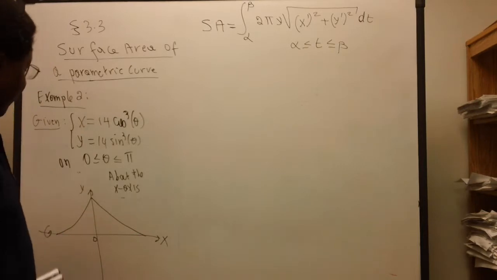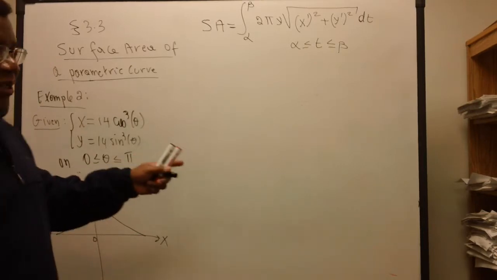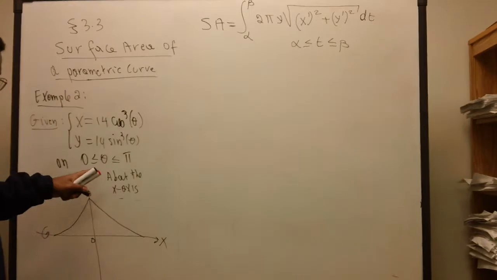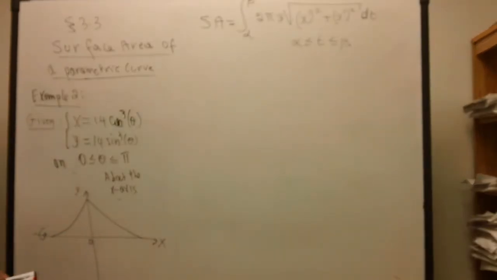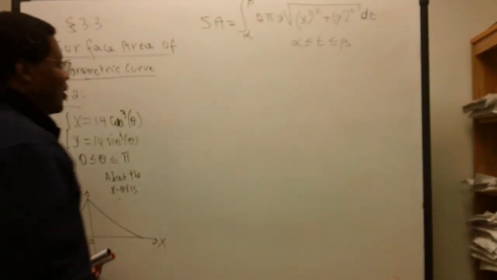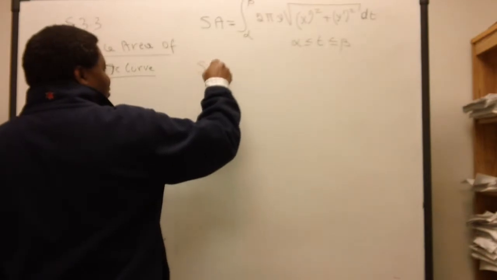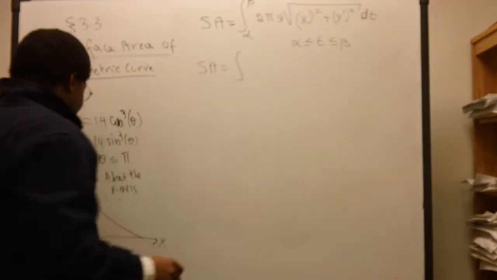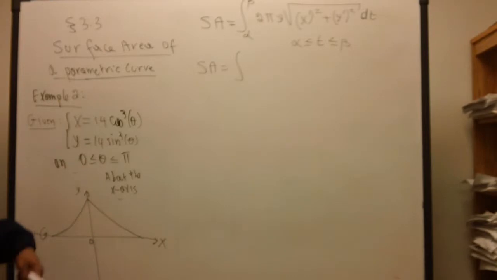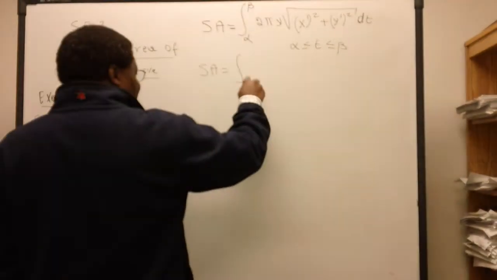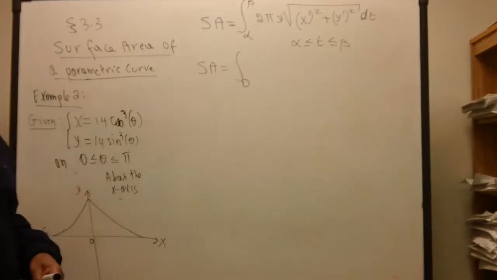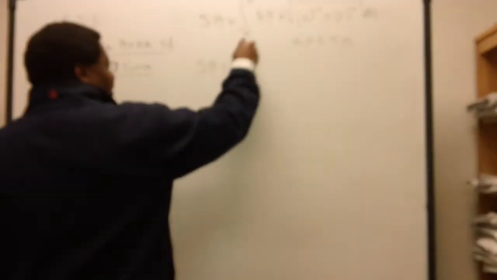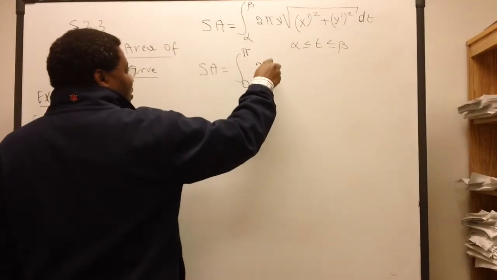So in our case, instead of using t as a parameter, we're using theta. So our surface area is going to be the integral from alpha, the lower limit, which is 0, to beta, the upper limit, which is pi, and then times 2 pi.